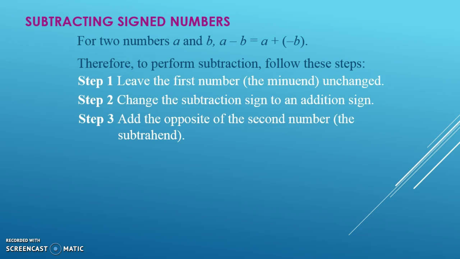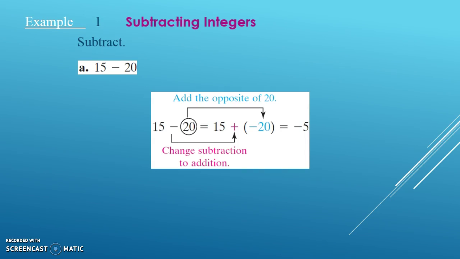And we're going to change the sign of the second number. So here's an example. 15 minus 20. The 15 stays the same. Subtraction becomes addition. And the 20 becomes a negative 20. Now we have an addition problem, and we can do it just like we did with the previous problems.